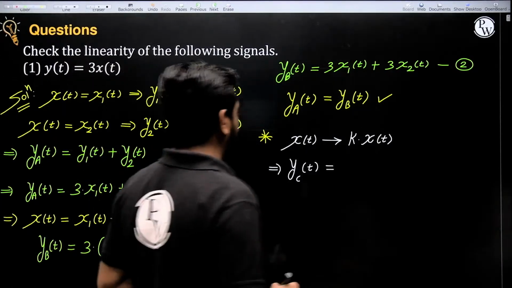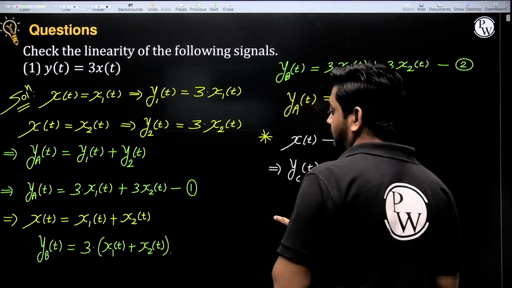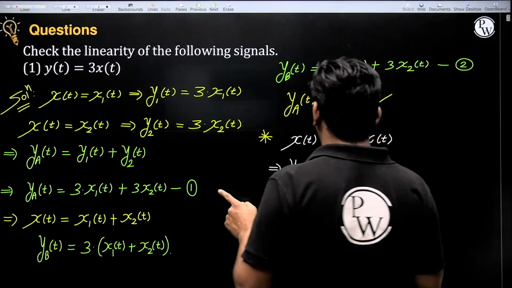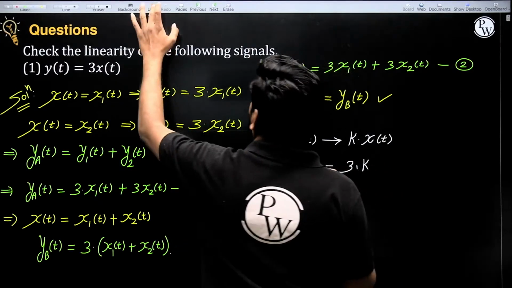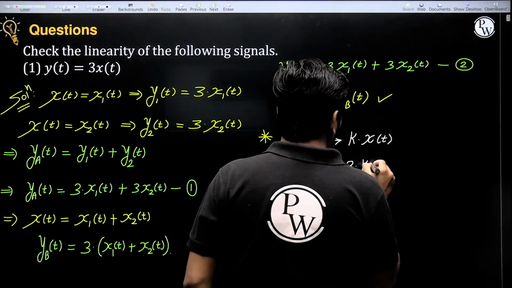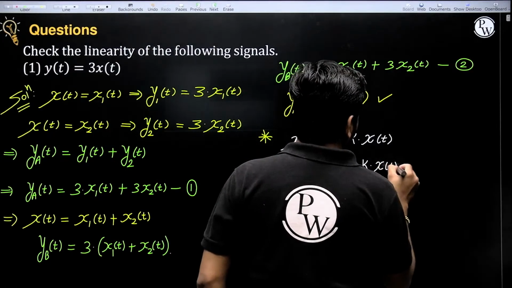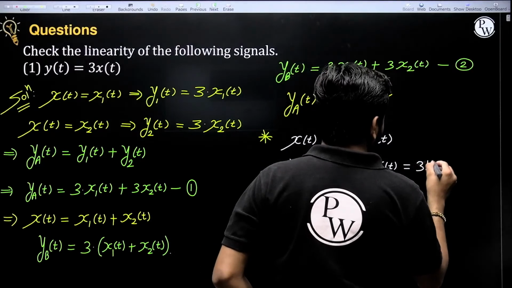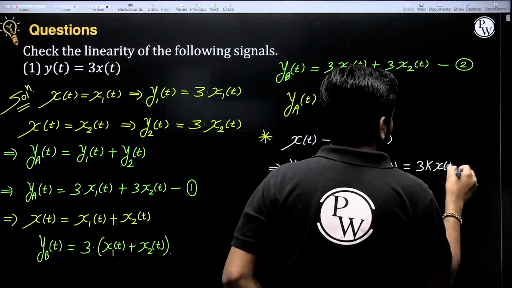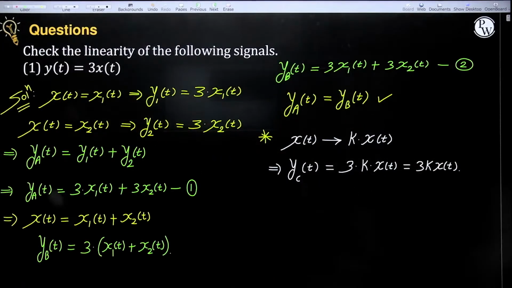So yc of t is equal to 3 times k x of t, that is 3k x of t.